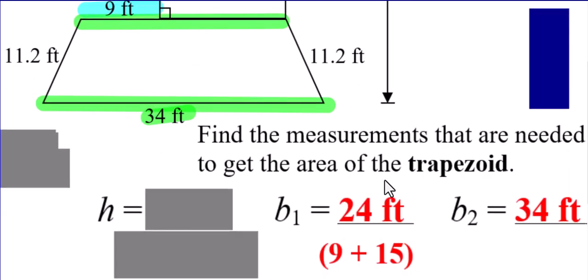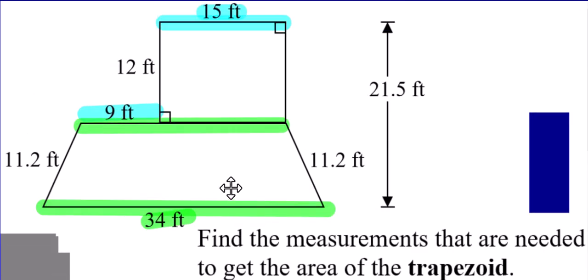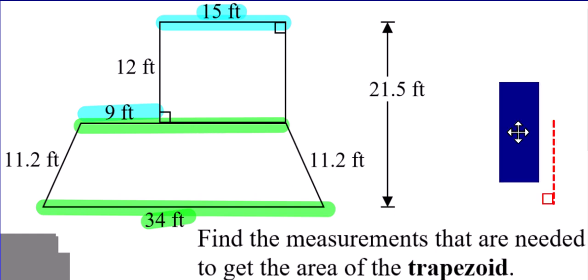Okay, now for the height. The height would go up and down between these bases. I'm going to go ahead and draw that right now, meeting at a right angle. How do I get that up and down value? Well, I know the total up and down height is 21.5 feet. I know the up and down measurement here is 12 feet.